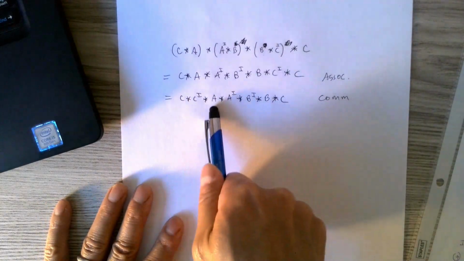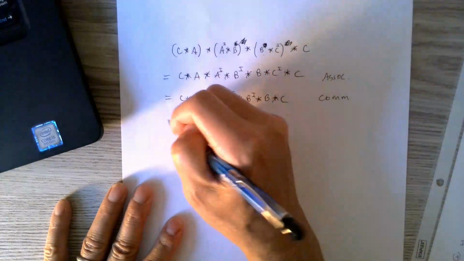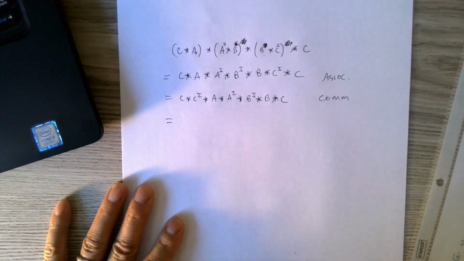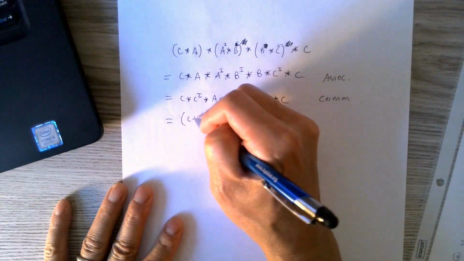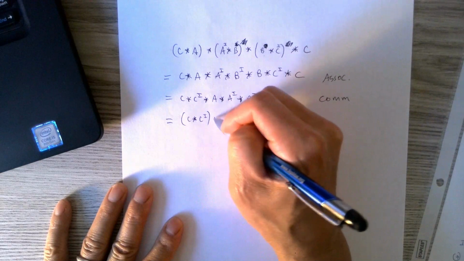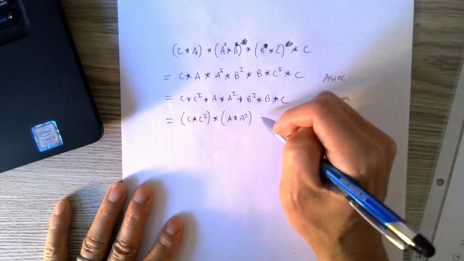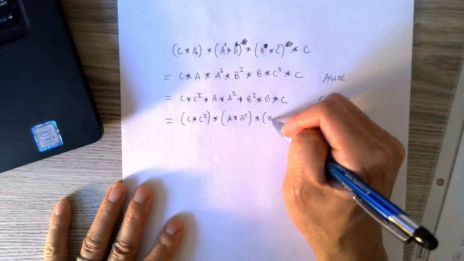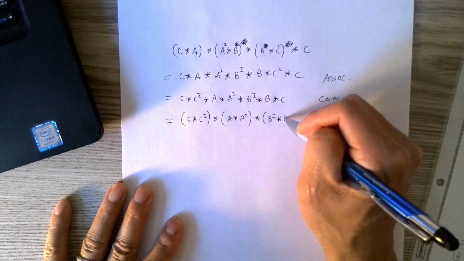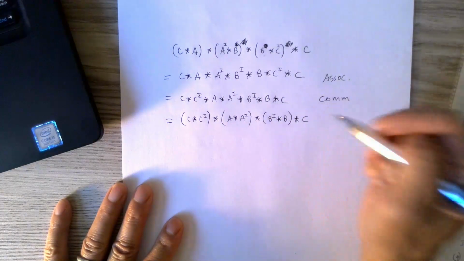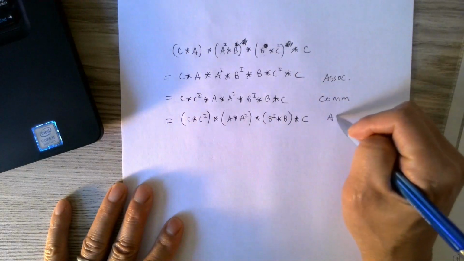Okay, so I got a pair, and a pair. And now I'm going to put parentheses around all my pairs. Using associative again.